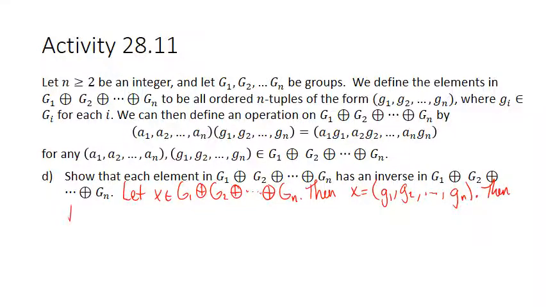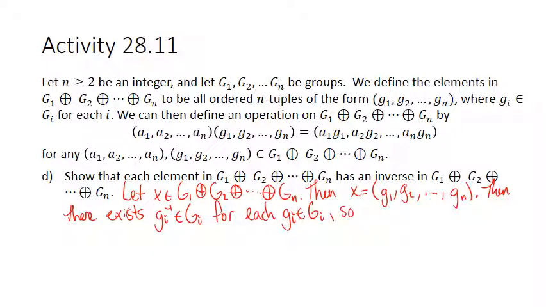then there exists an inverse for each one of these. So there exists gi inverse for each gi in big Gi, which will also be, maybe I should also say that. So this gi inverse will be in Gi for each little gi in big Gi.